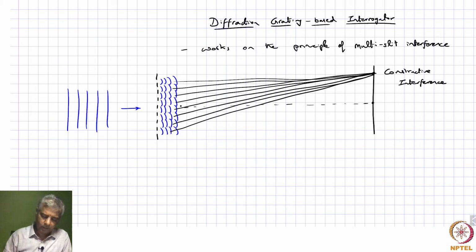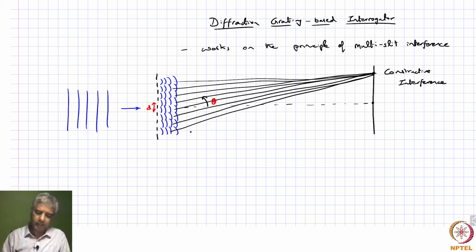Well, say the average angle that each of these subtends corresponds to theta, and let us say the spacing between two consecutive slits, the period, corresponds to d.